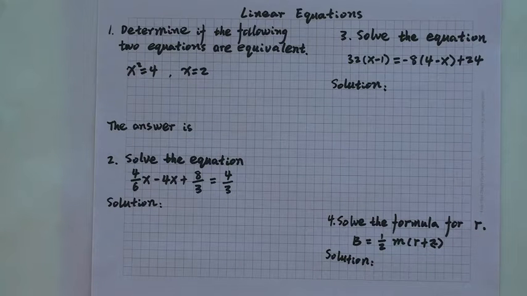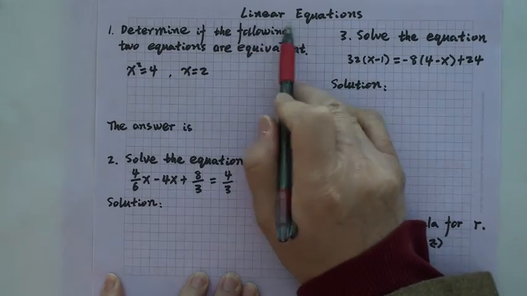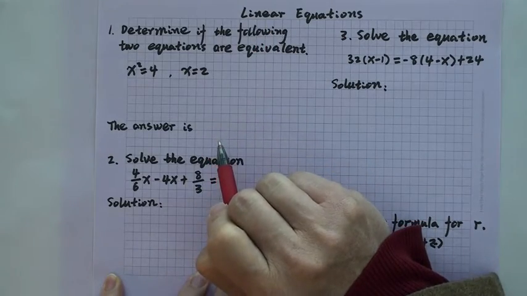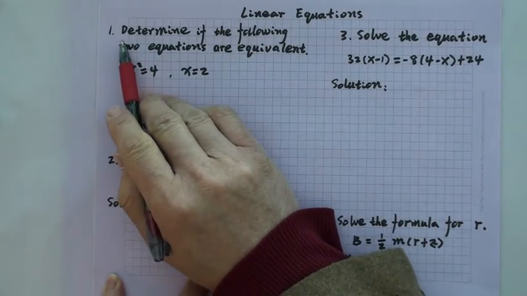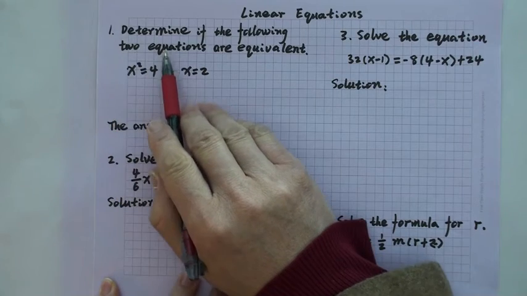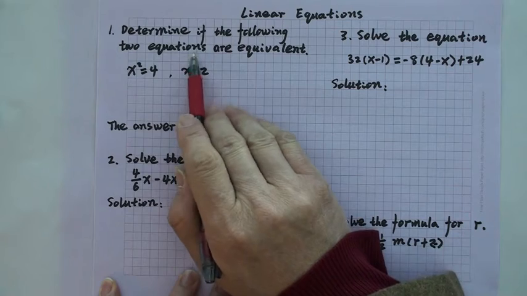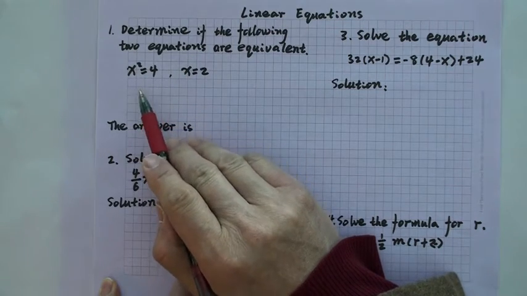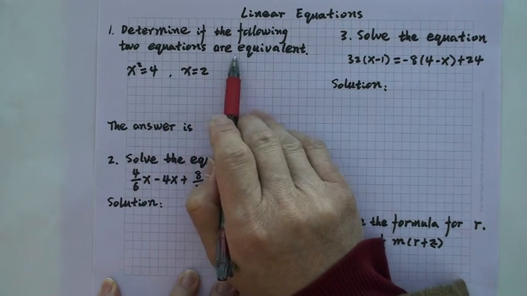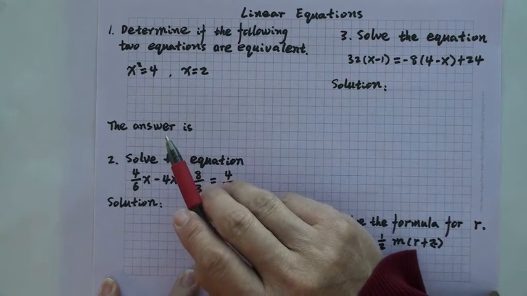In this lecture, we will talk about how to solve linear equations. Question 1 asks us to determine if the following two equations, the first one and the second one, are equivalent.